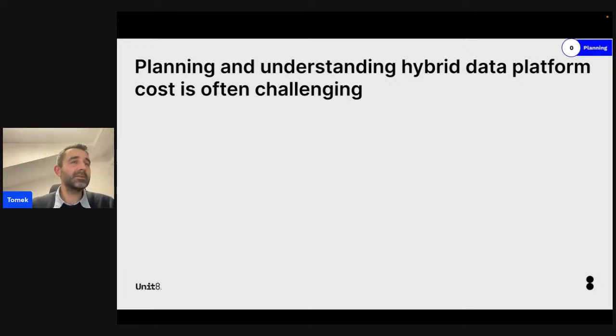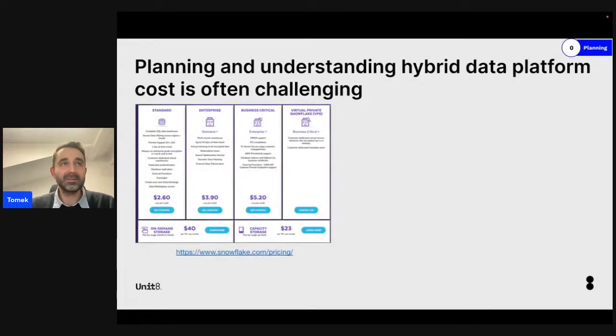One other interesting topic to consider in the subject of planning is that hybrid data platforms often consist of different tools that have very different cost plans. The way you measure your cost is different. You have different units. For example, I'm bringing up Snowflake pricing on the screen here.